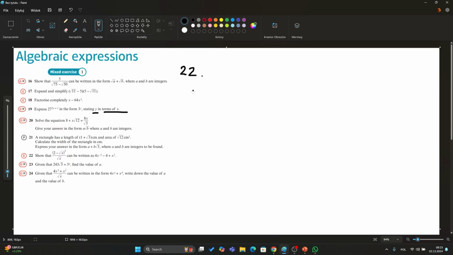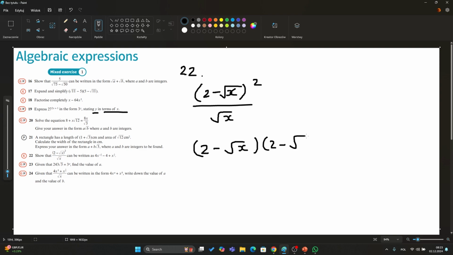22. Show that (2 minus square root of x) squared over square root of x can be written as 4x to the power of minus a half minus 4 plus x to the power of a half. So first of all, we have (2 minus square root of x) times (2 minus square root of x) over square root of x.